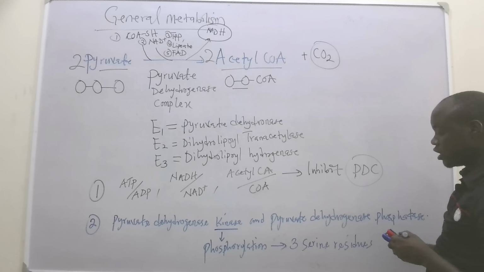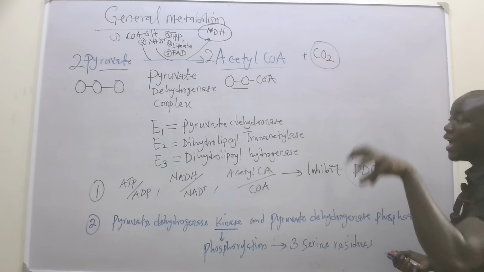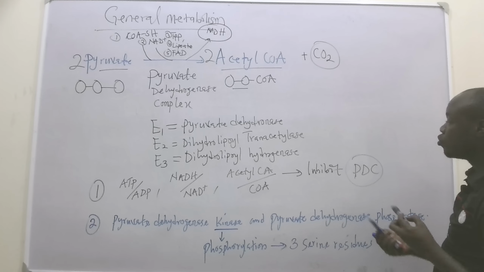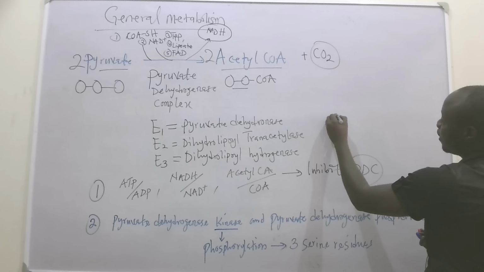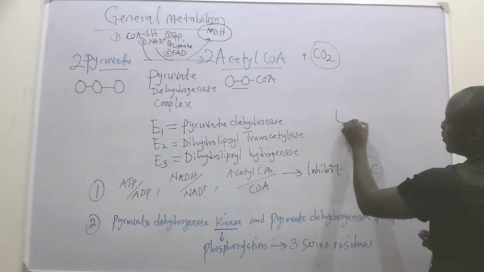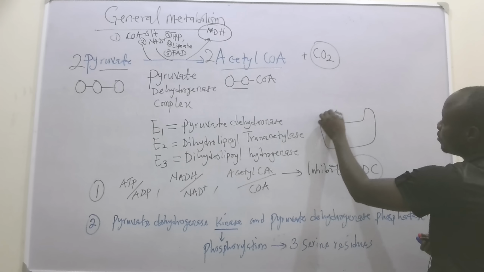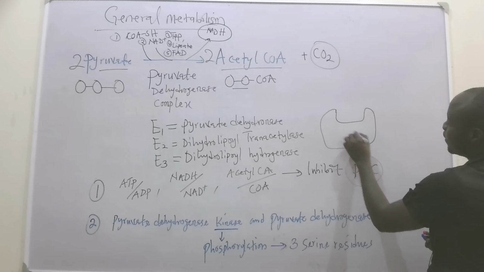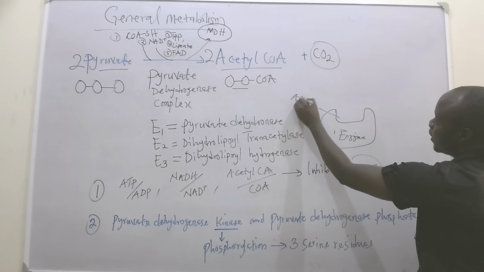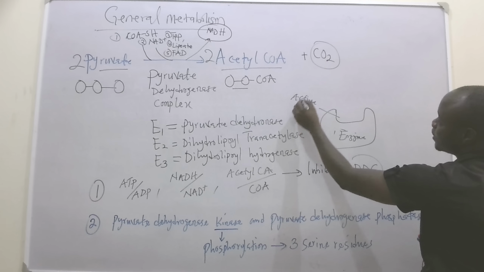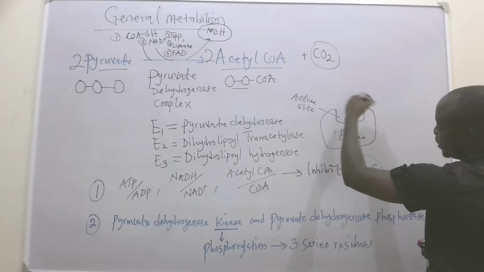When you say three serine residues, it means that in the active site, generally these enzymes work by binding the substrate at their active site. So let's say this is your enzyme, and this is the active site of the enzyme. The active site is where the substrate binds.